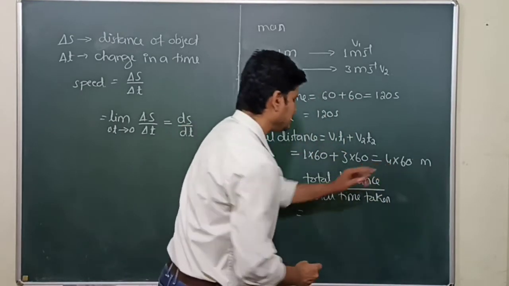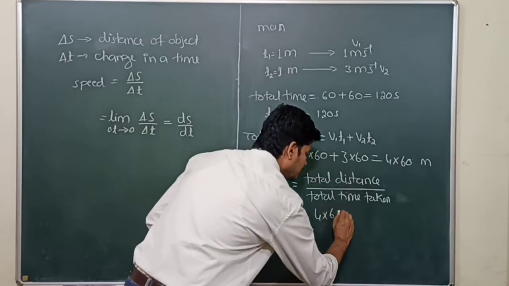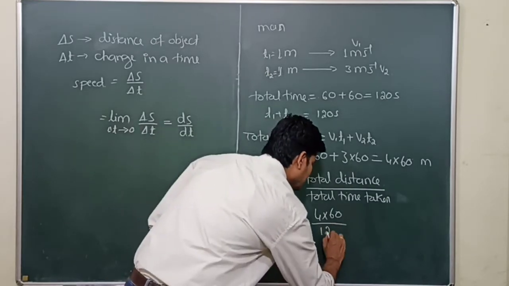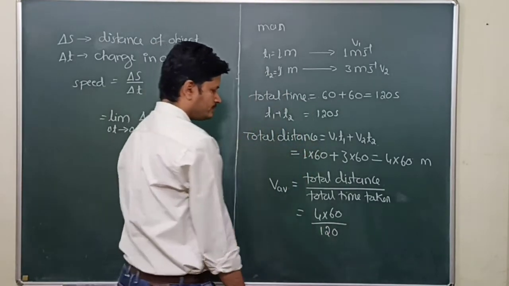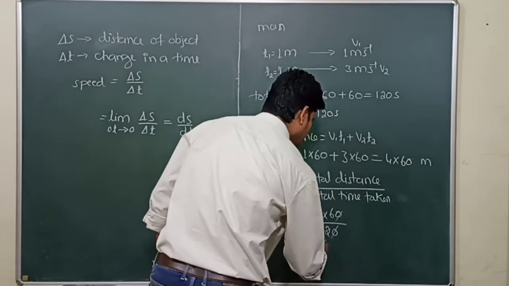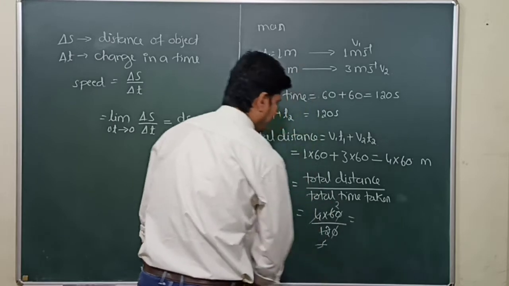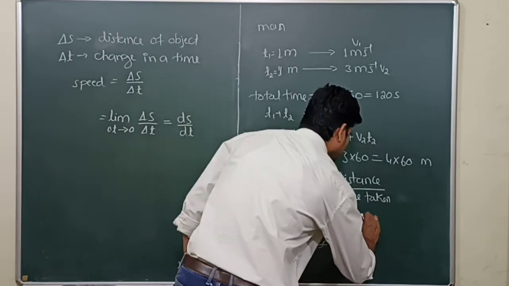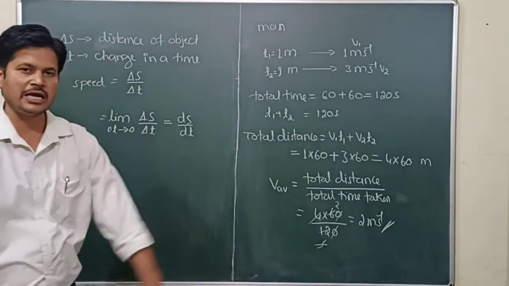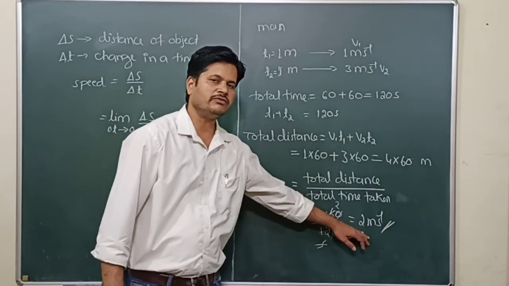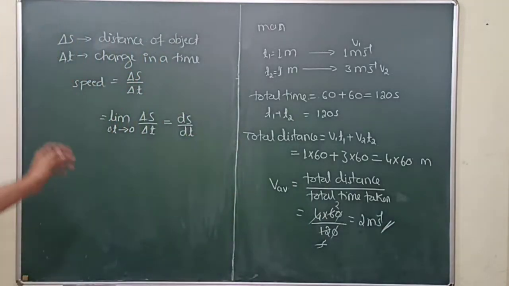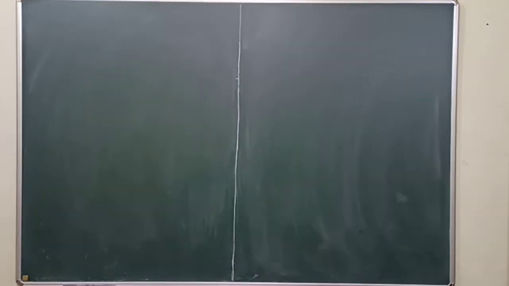Total distance is 4 into 60 divided by 120. The 2 gets cancelled. 2 meter per second is the final answer. This is the average speed of the man. Correct? Note this down or take a snapshot of this board.